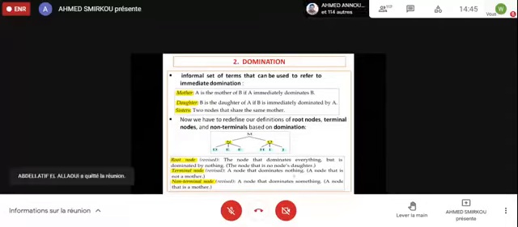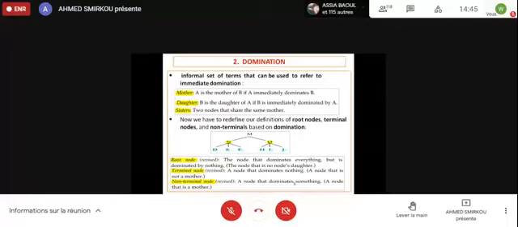If you want to add it, you can say terminal nodes are dominated by a certain node, and they dominate nothing. Non-terminal nodes: a node that dominates something. Is it clear? Yes, sir. Okay. Question?